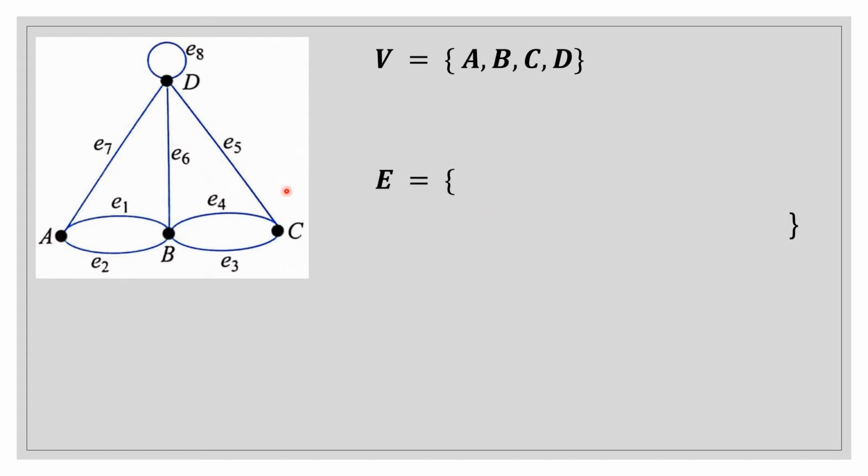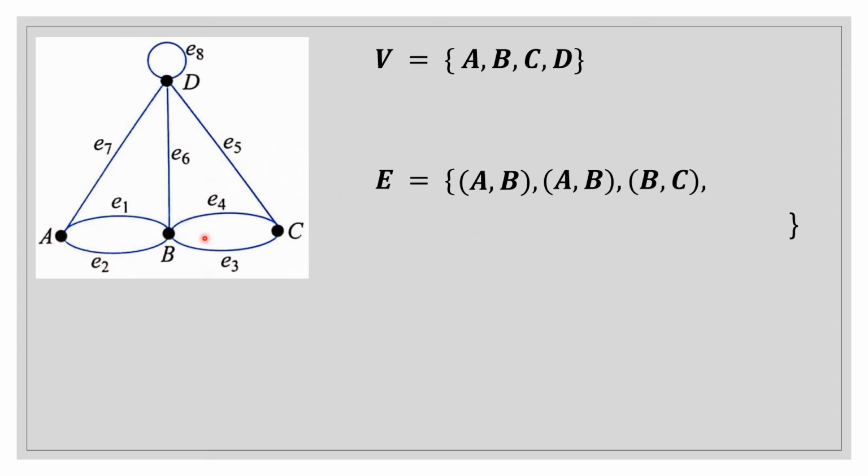You have 2 ways of writing the set of edges. Each edge here is labeled from E1 until E8, but you can have another way of writing by writing the pairs of vertices. So E1 links vertex A and B. E2 also links vertex A and B, so you write AB twice.